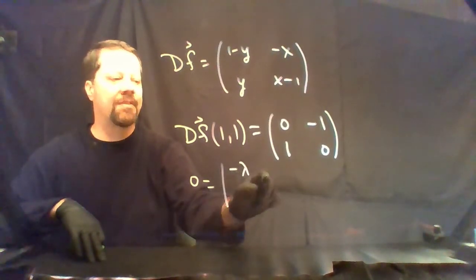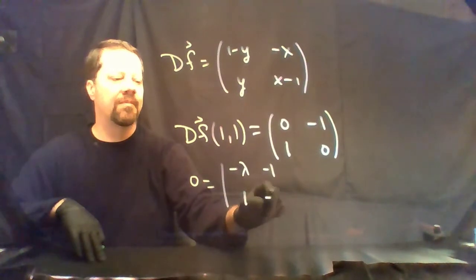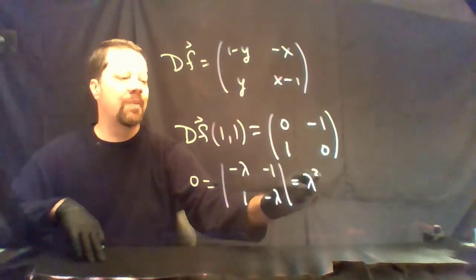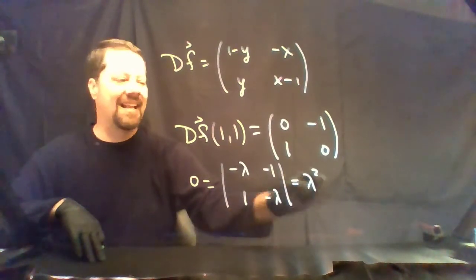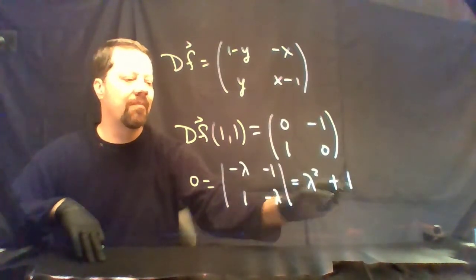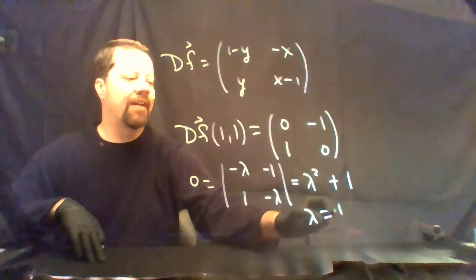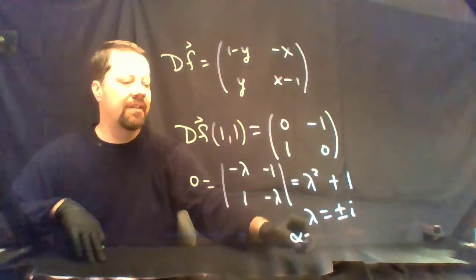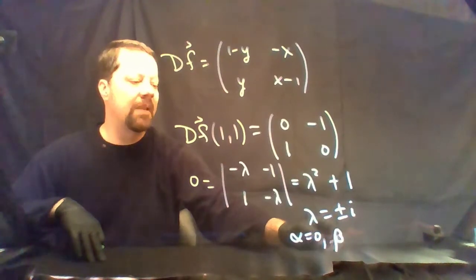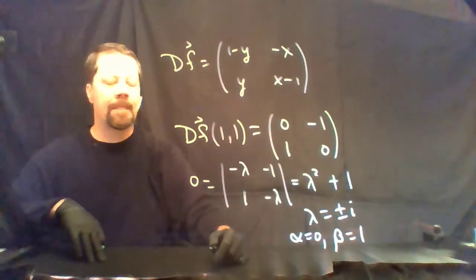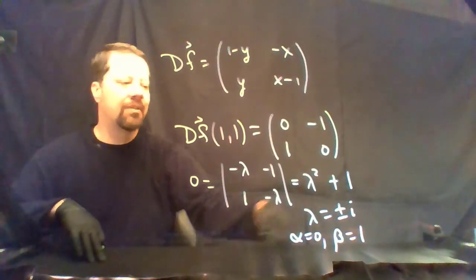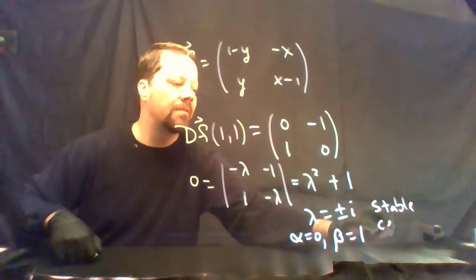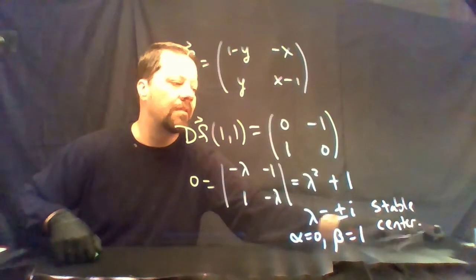So we subtract lambda from the diagonal elements, and we'll get positive lambda squared, and then subtract a negative 1, that's plus 1. The eigenvalues are plus or minus i. Notice that alpha is 0 in this case, and beta is 1. With alpha equal to 0, we have a stable center.